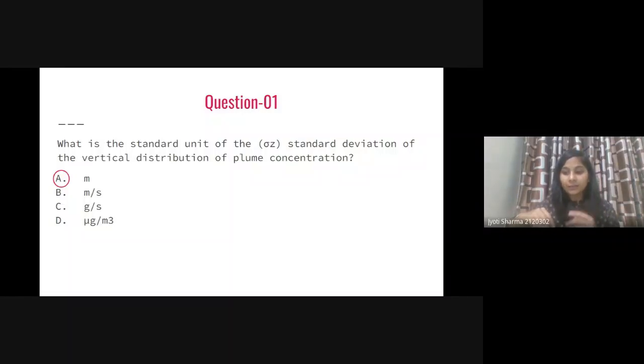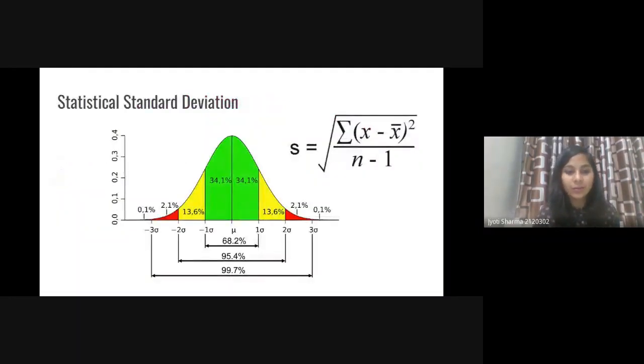Because we are talking about the standard deviation, this is related to the normal distribution. At the center you have the mean, meaning the maximum values lie within that area, and as you go away from this, the value will be lesser at the corners. So this is the graph of the normal distribution and the standard deviation.